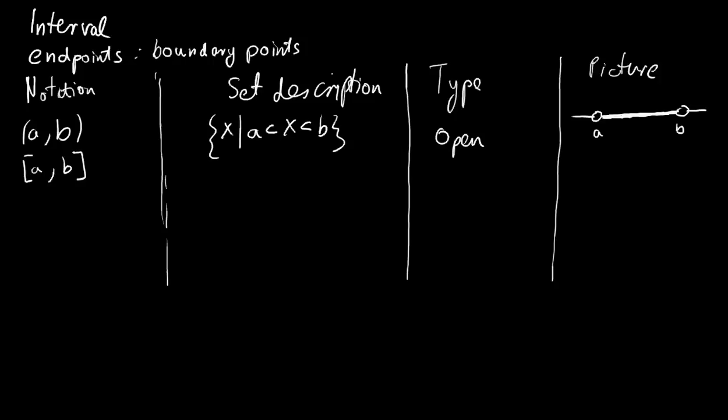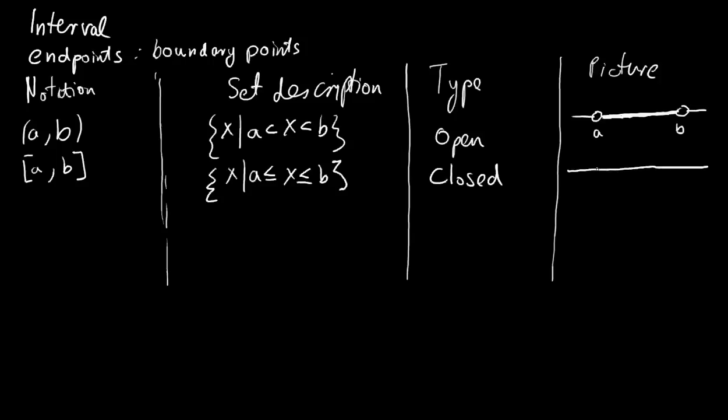Okay, so with this notation here, we use the set of numbers, set of x, where A is smaller or equal to x and x is smaller or equal to B, and this is a closed type.